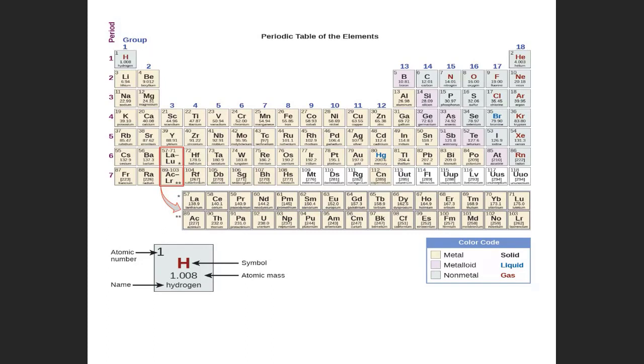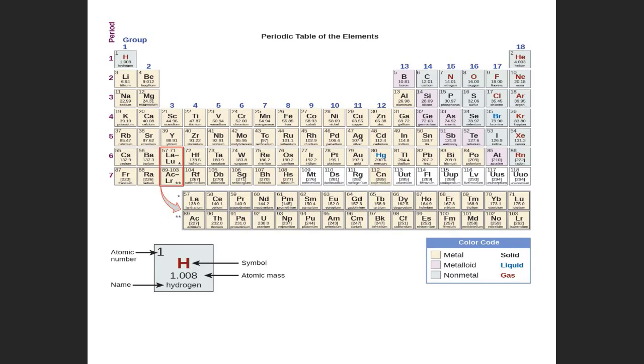The ones in purple are metalloids. And the ones on the upper right in a greenish color are non-metals. As you see, the majority is yellow, so the majority of the elements are metals.